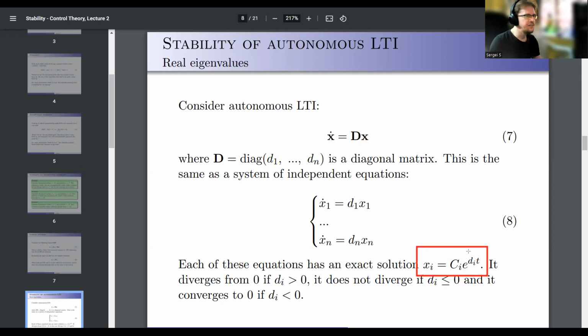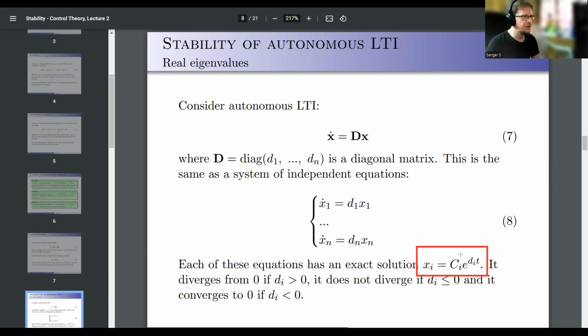Second behavior, if D is equal to 0, then e to the power of DT will be equal to 1, and the system will be marginally stable. It's not going to converge, not going to diverge. It is just going to be constant.